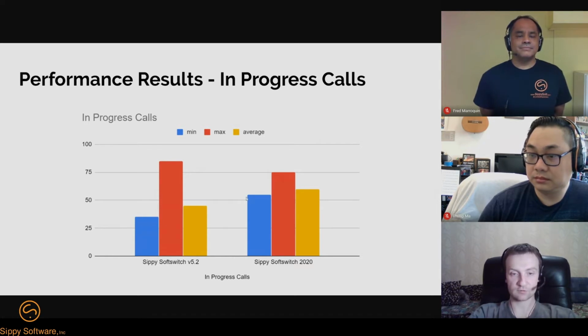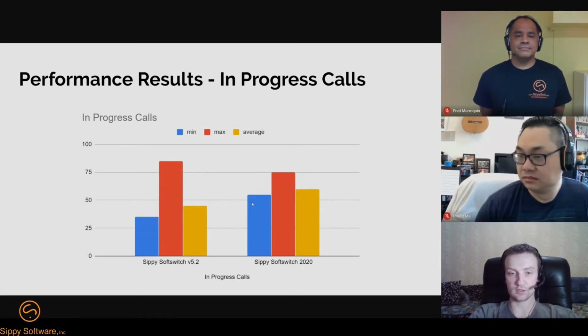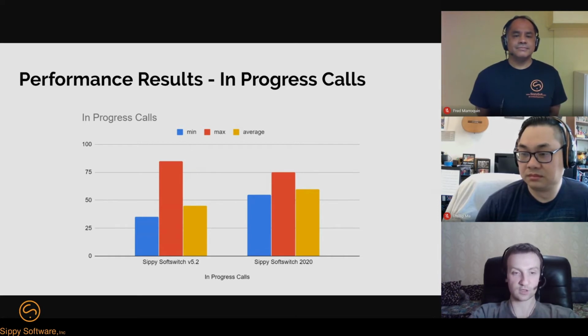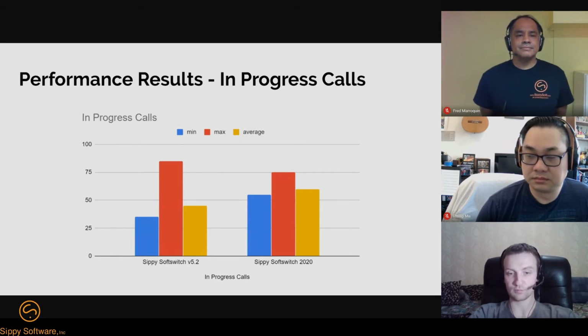And basically this was the expected picture. As for the mean number of in-progress calls, again, the bigger number of calls placed through the switch via increased CPS was affecting the mean, max and average values as well.